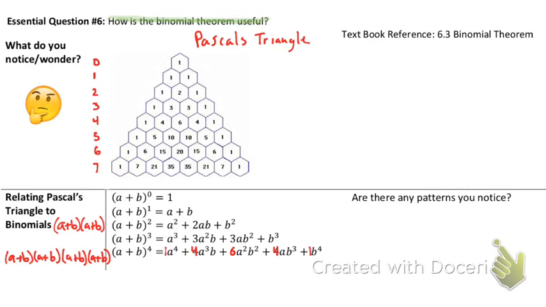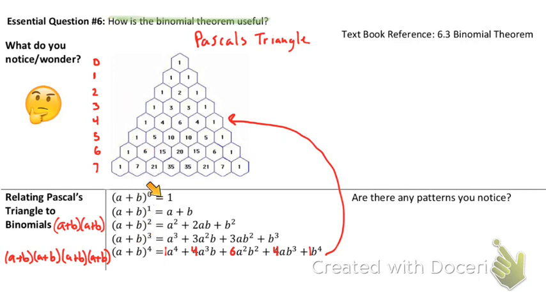Now looking at this, I want you then to compare the coefficients to row number 4. And what you'll notice is that in row number 4, and the reason I chose row number 4 is because it's raised to the fourth power, row number 4 actually has the same coefficients.